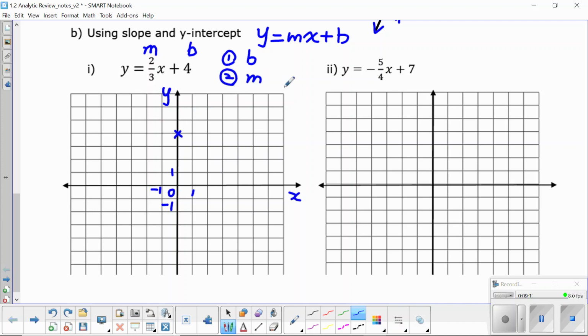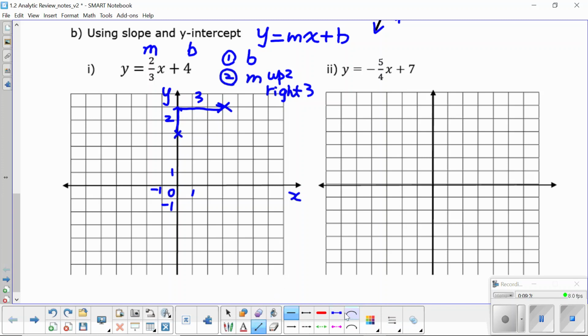From this point, up 2, then right 3, and you will be able to find another point. So up 2, then 1, 2, 3, right 3, you have another point. This is how you find the second point.